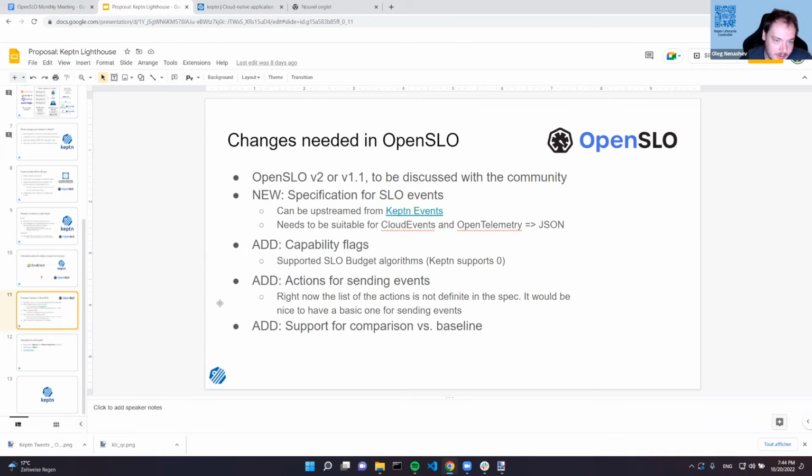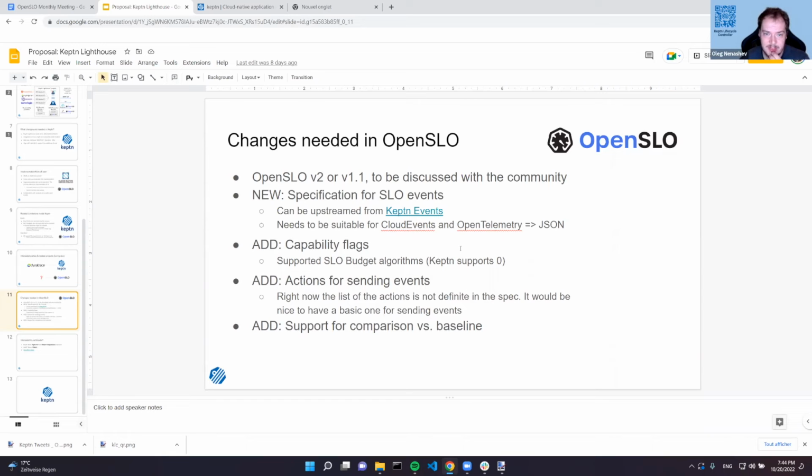On another side, in Captain we strongly utilize comparisons against the baseline. Since we integrate Captain in the CD tools, it's normal for us to compare current data, for example performance metrics, with the previous release to make decisions, for example as part of progressive delivery or A/B testing. It would be important to also make it part of the specification, so that you would be able to define relative requirements compared to a baseline.